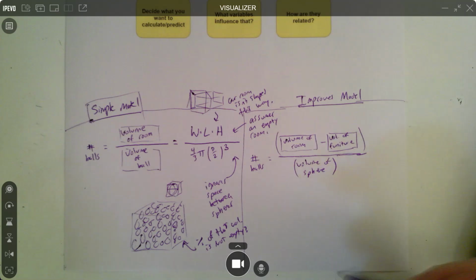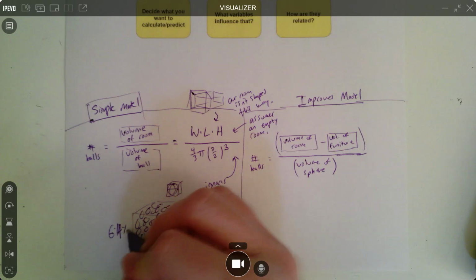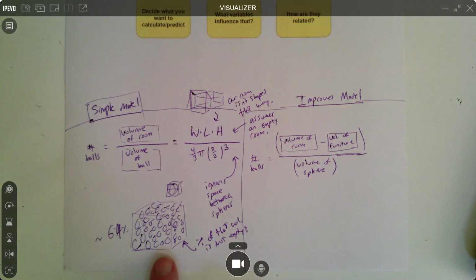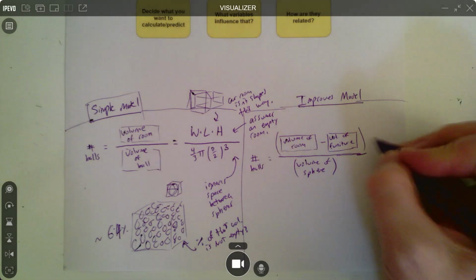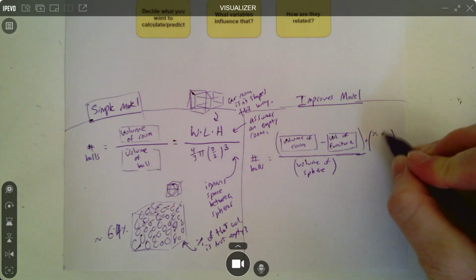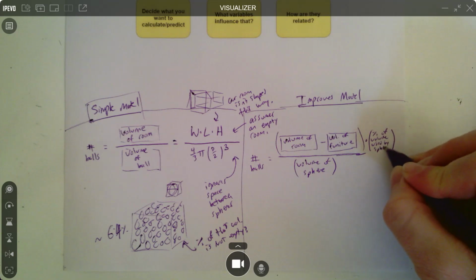So actually, if you appeal to Wikipedia, Wikipedia claims that if you randomly pack spheres, about 64% of the volume that you're packing into gets filled by spheres. So on the outside here, you can multiply by that percent: percent of volume used by spheres.